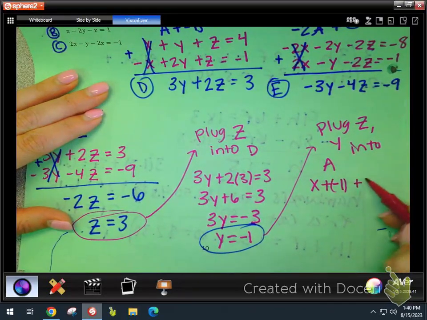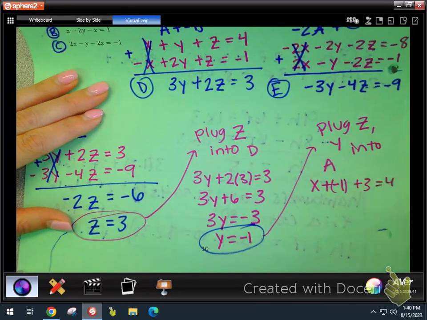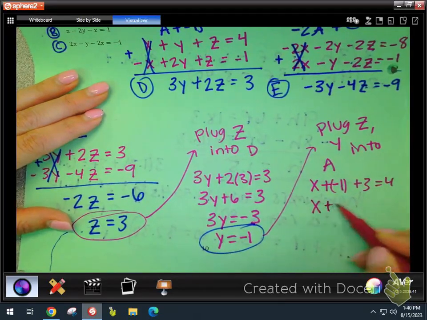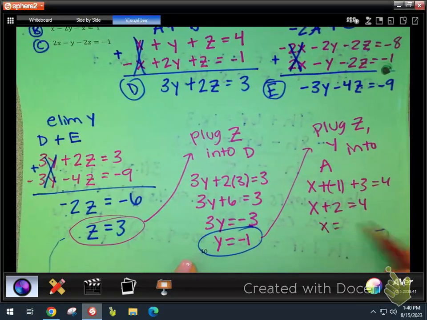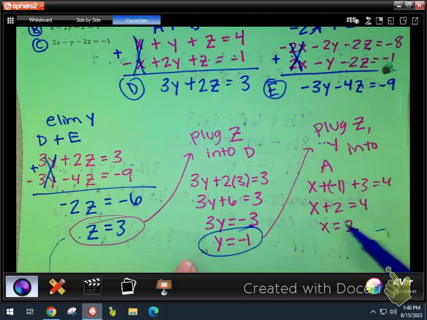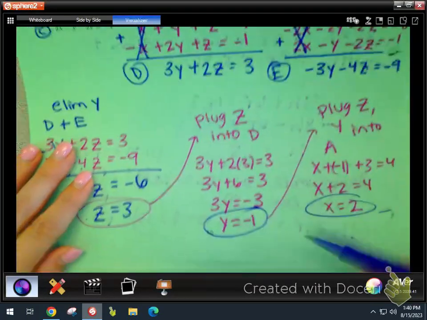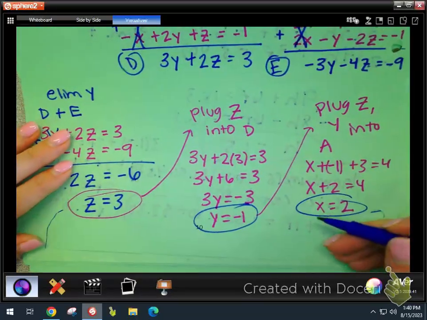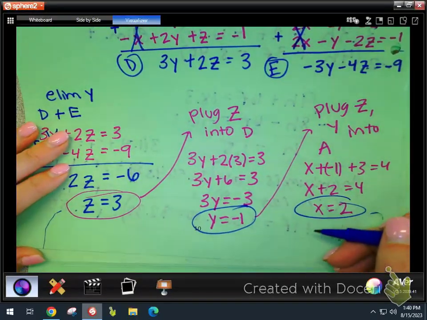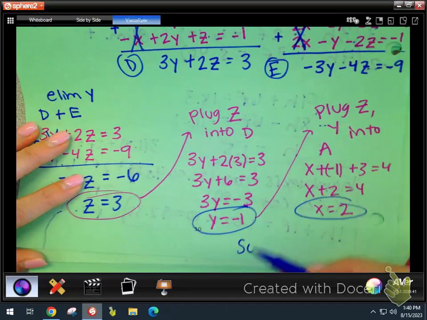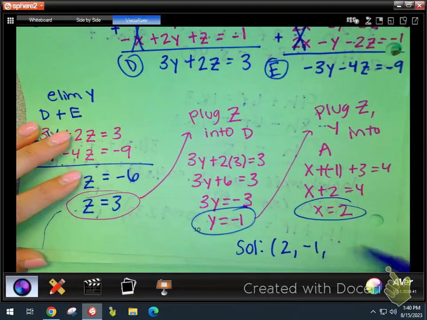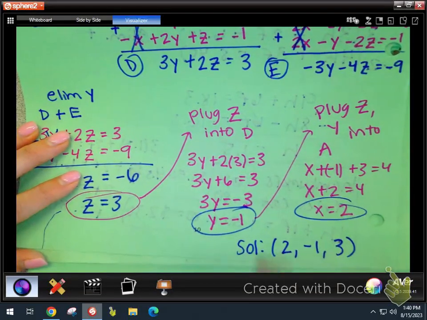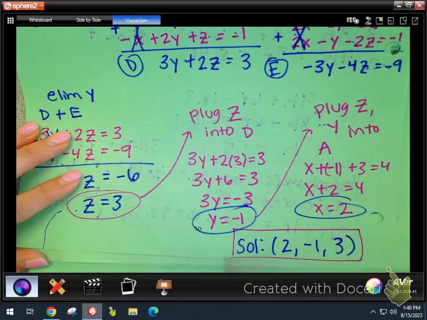I don't care if you change that. Plus 3 equals 4. It's going to be x plus 2 equals 4. x equals 2. And so how you're going to write your solutions with these, it's not an ordered pair because there's 3, but you know what I mean. Your solution is 2, negative 1, 3. And that's your solution set.